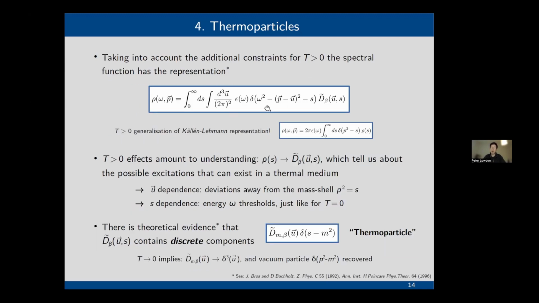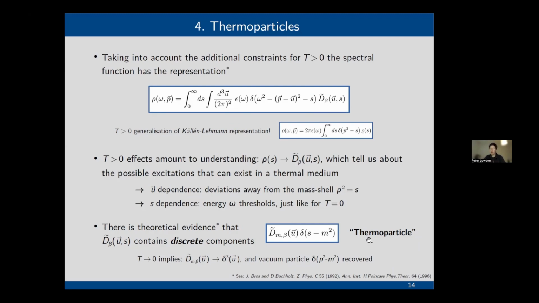What's nice is that this can be used in different contexts where you have scalar fields, and we'll discuss in the next few slides where we can apply this, for example in QCD. So the game then becomes, if we want to understand the types of excitations in the spectral function, we need to classify the types of terms that can contribute to this thermal spectral density.